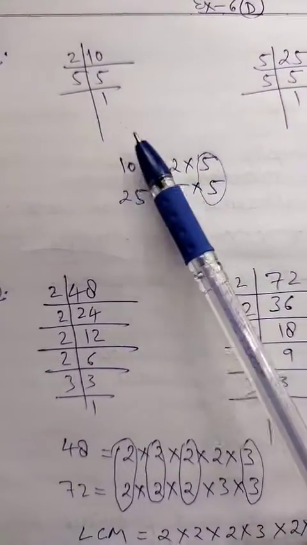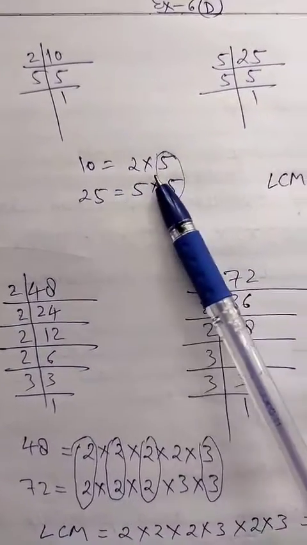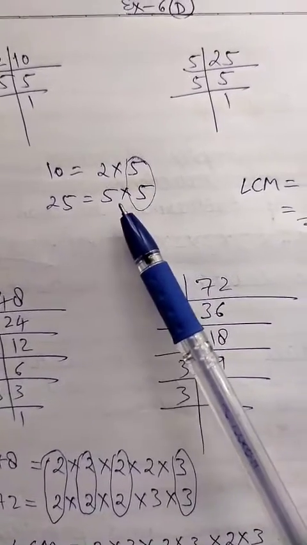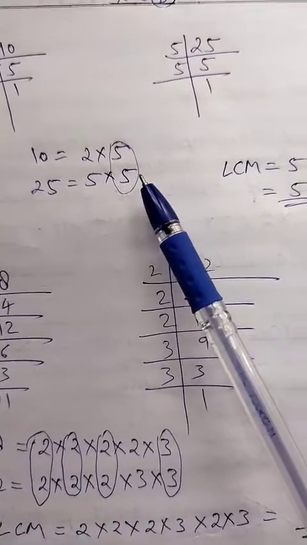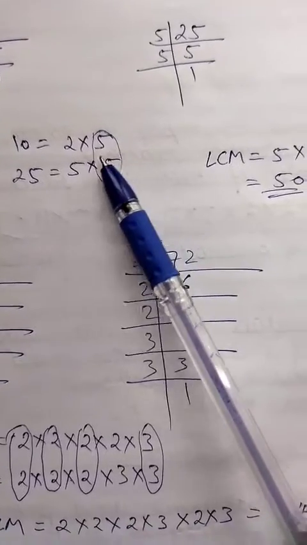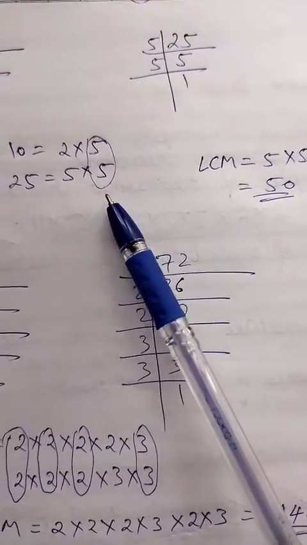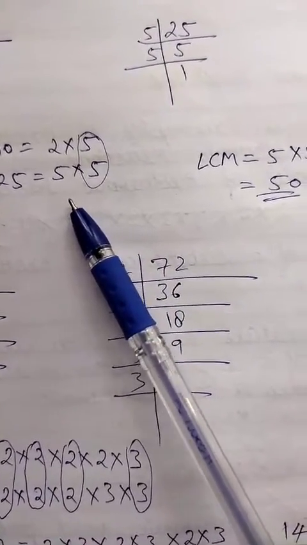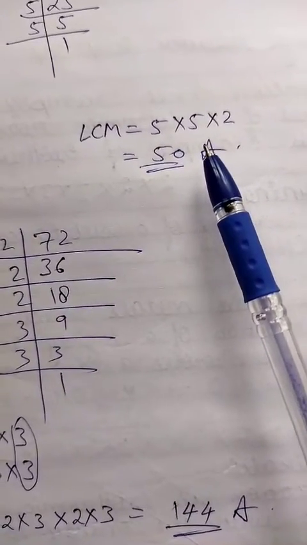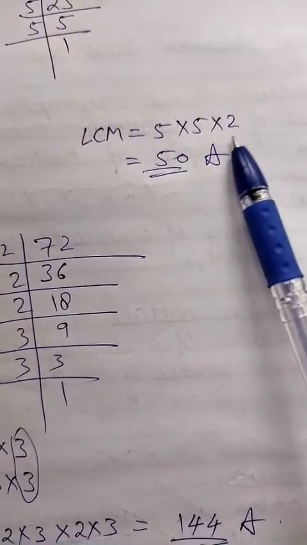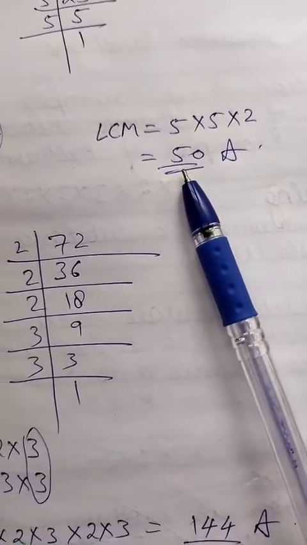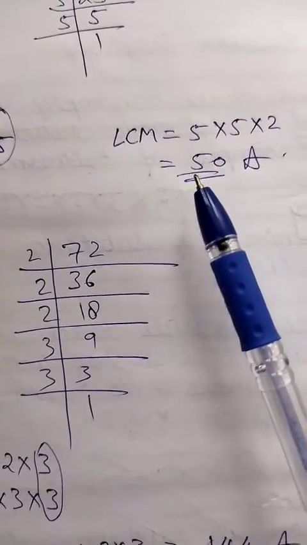After finding the factors, you will write them like this, and now you will find the common factor. The common factor is only one, that is 5. Now those numbers which are not common, you have to write those also. Then after multiplying all the numbers, you will get your answer, that is 50. So 50 is your LCM.